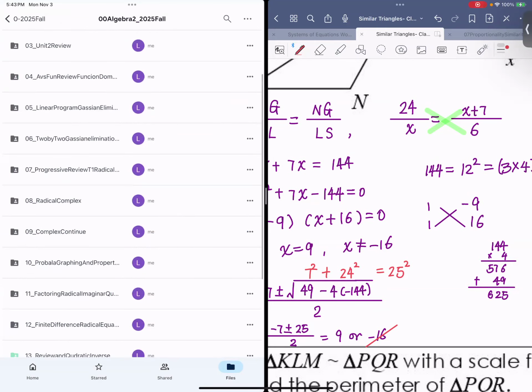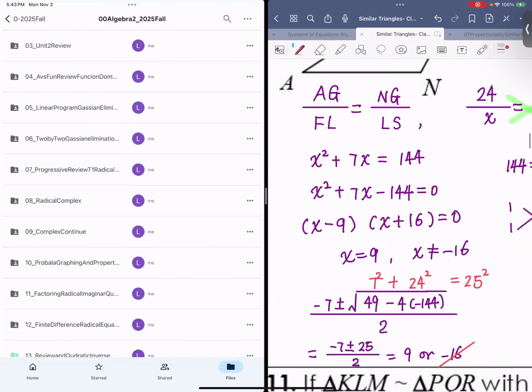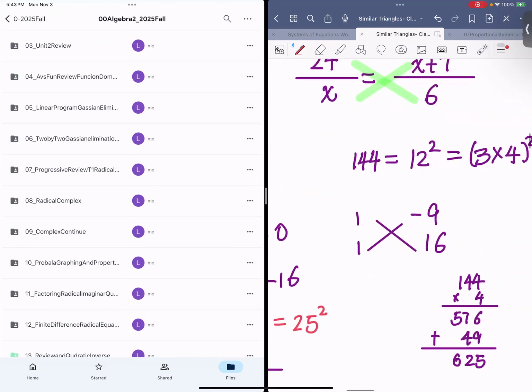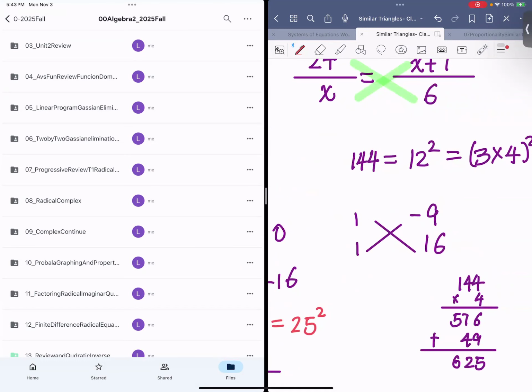For this equation, I need you to use 3 methods. The factoring skill, and you also need completing the square, right? Hold on. But I will not call you to do the completing the square; I will call another student to do it.